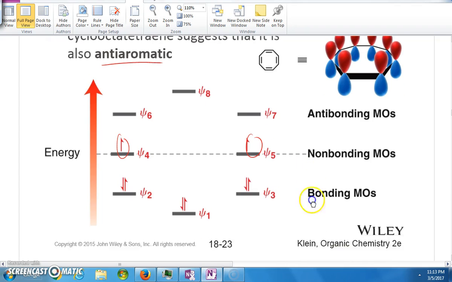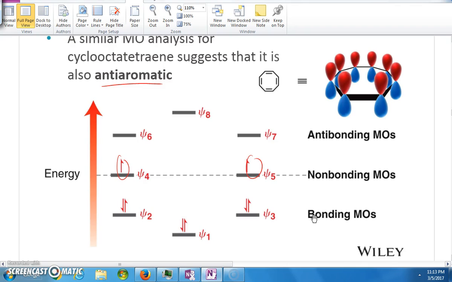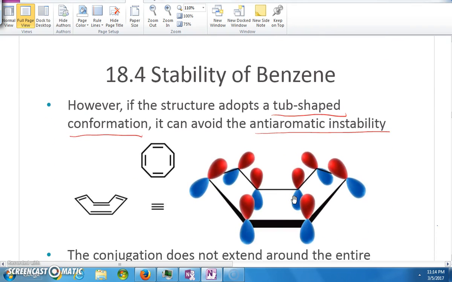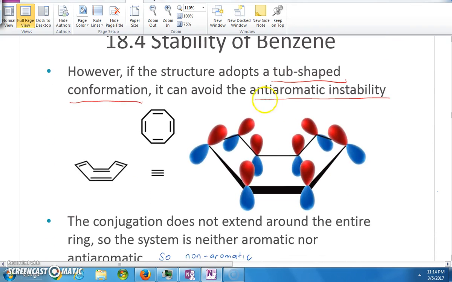But if we analyze the energy levels for cyclooctatetraene, we'll see that even though it is supposed to be anti-aromatic, in practice it's actually non-aromatic. And that's because it assumes a tub-like conformation to avoid being anti-aromatic.